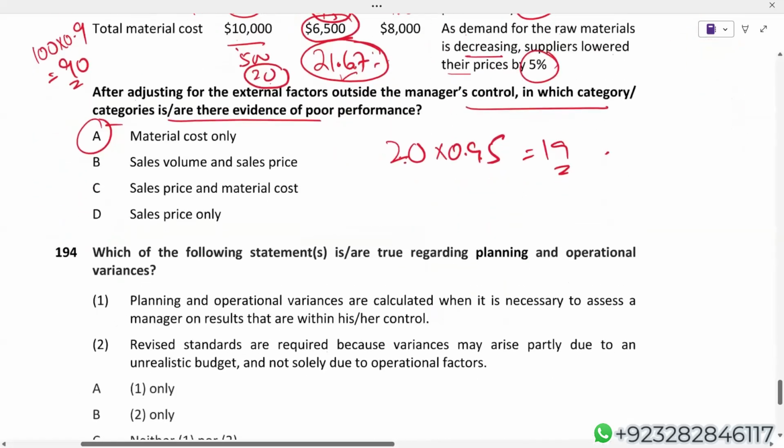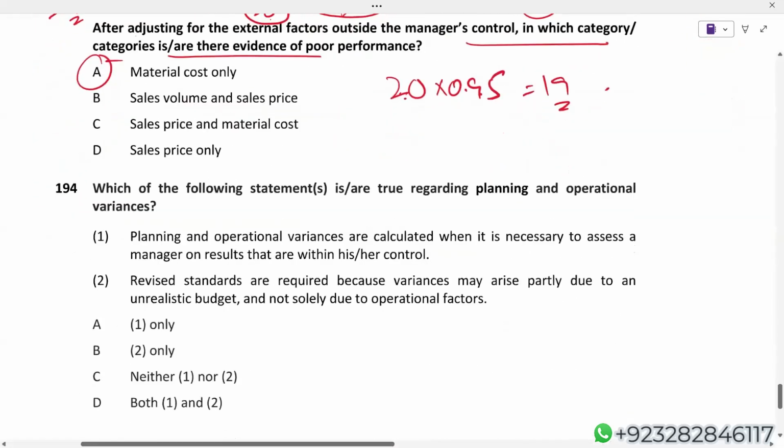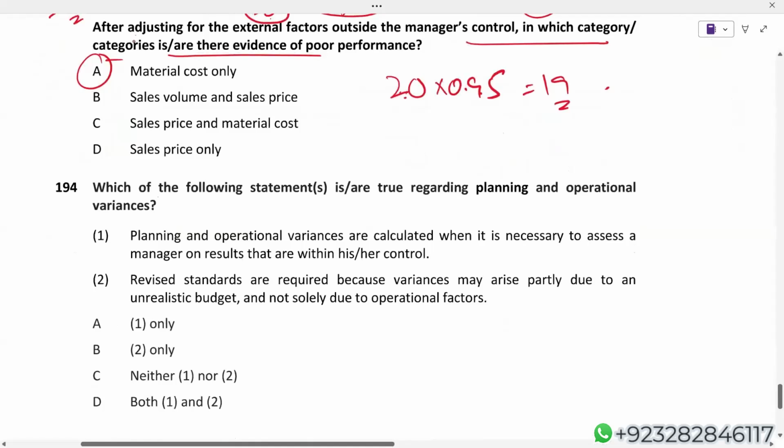Let's go for the last question. Which of the following statements are true regarding planning and operational variances? Planning and operational variances are calculated when it is necessary to assess the manager on results that are within her control.